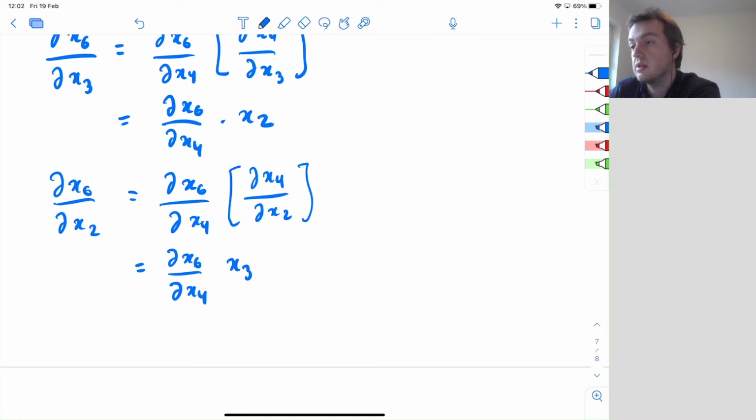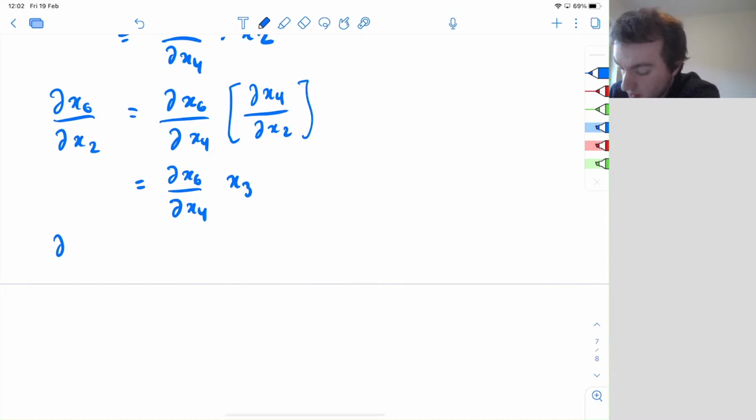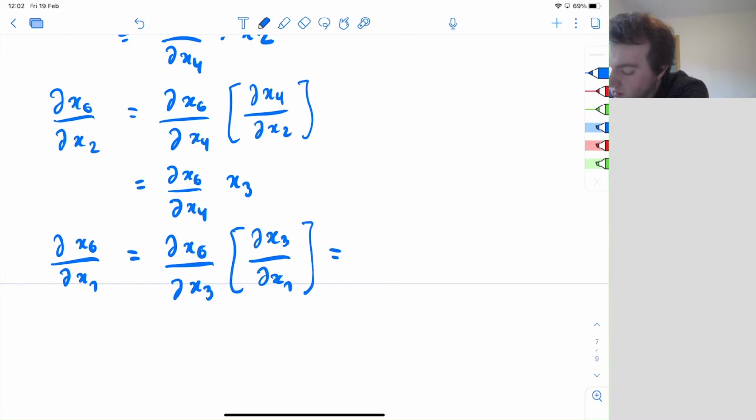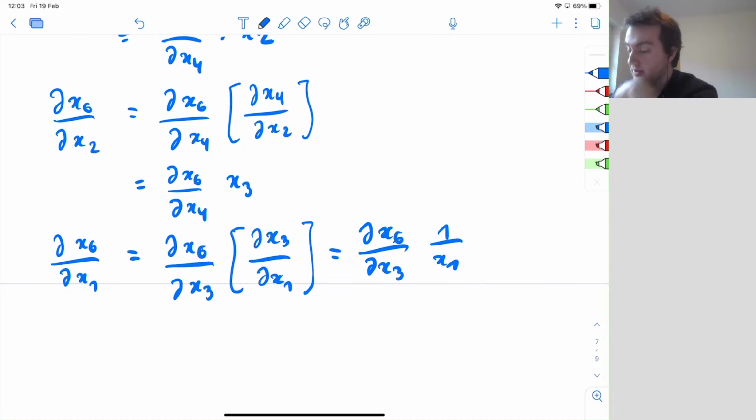Right. And finally, x6 with respect to x1 is equal to x6 with respect to x3 times x3 with respect to x1. x3 is the logarithm of x1, so it's 1 over x1. Okay, and so that's it.